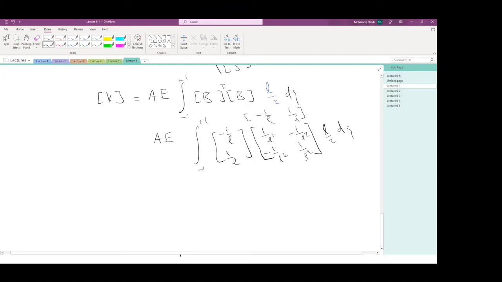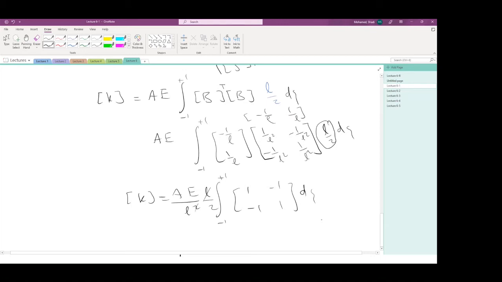So I just take 1 over L squared as a common factor, so it is going to be AE over L squared, the integral minus 1 to plus 1 of the matrix 1, minus 1, minus 1, 1. And L over 2, I'll just take it to the outside, so the L will cancel with the square.